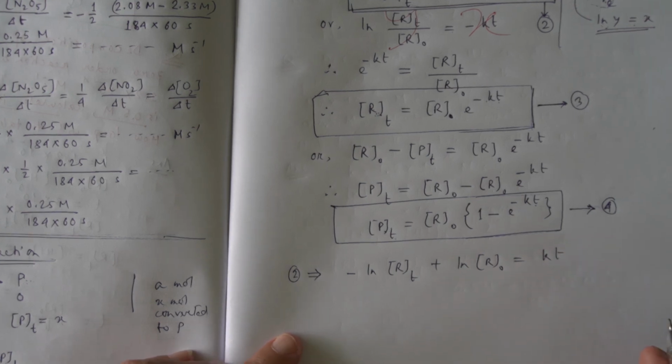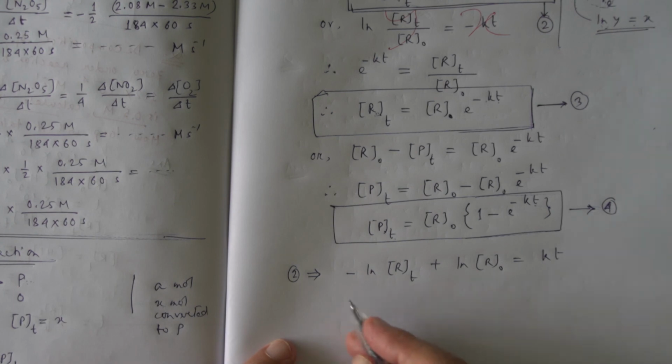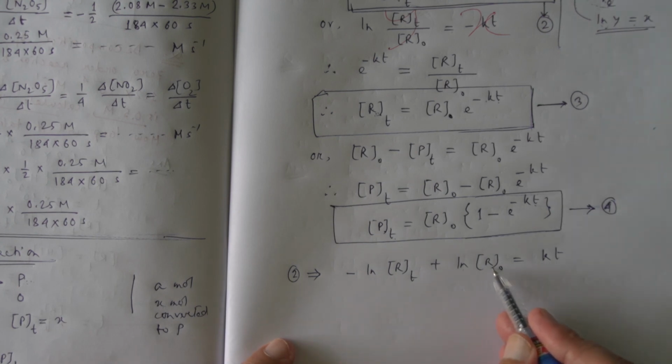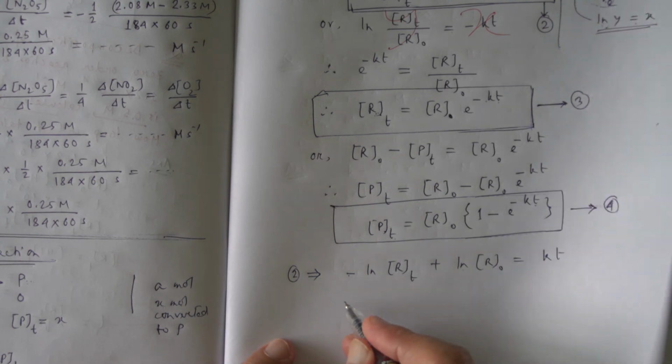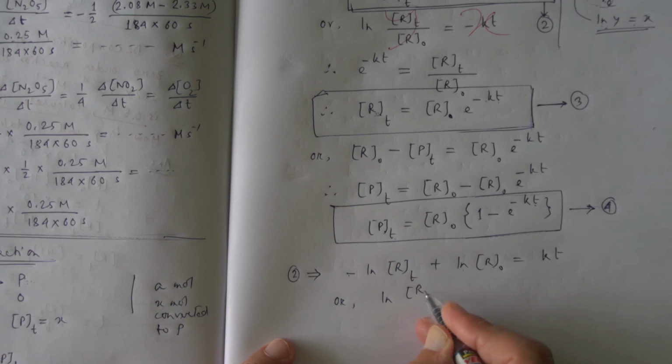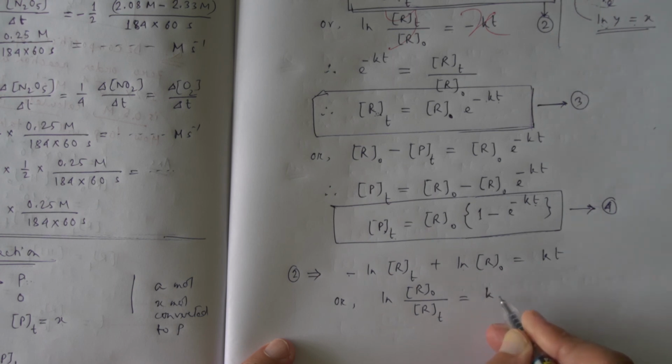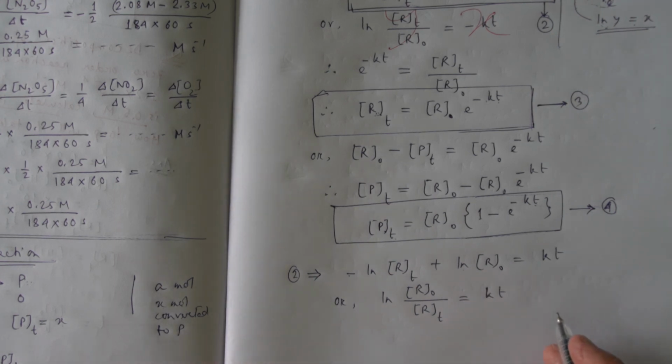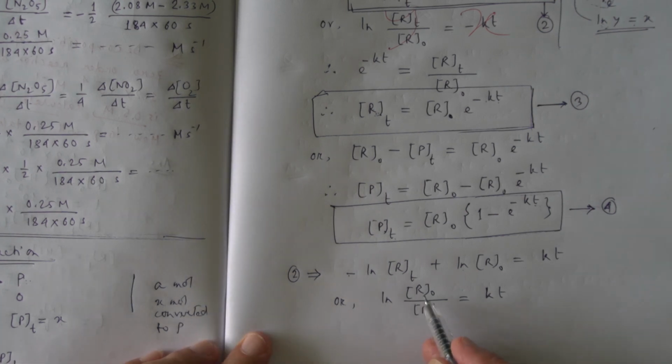Now this is log m minus log n. So ln of r naught by rt equal to kt.